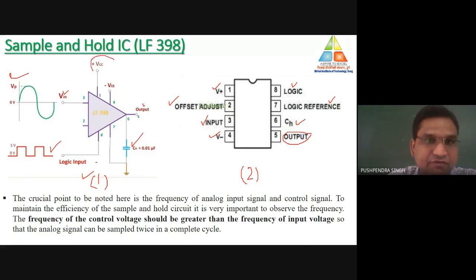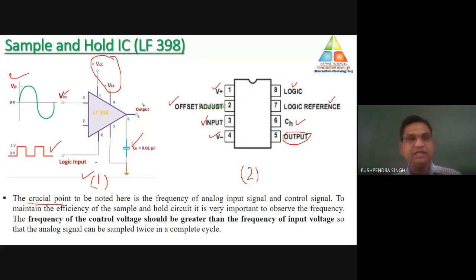And pin number 1 and 4 are used for supply voltage. So this is how we may connect the IC with different kinds of input signal, logic input signal, output terminal, and capacitance values. One important thing in case of the sample and hold circuit, I have mentioned over here the crucial point related to this.